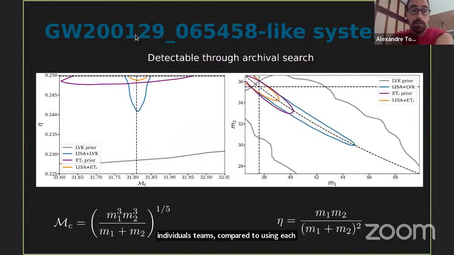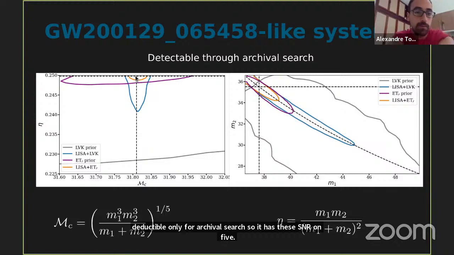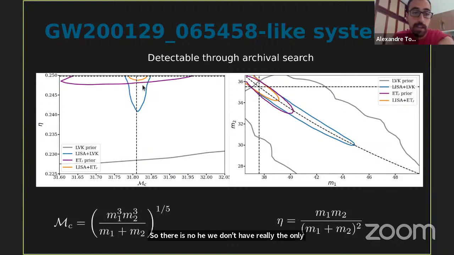Now, if we focus on this other system, which is detectable only for archival search, so it has a LISA SNR around 5, here we don't have a LISA-only case, but we can see that adding LISA to each again improves a lot the measurement of the chirp mass and also a bit the mass ratio.